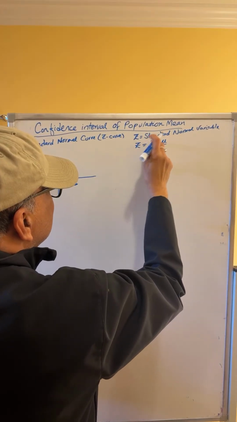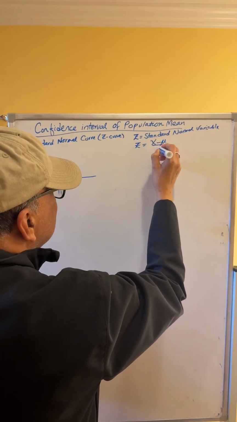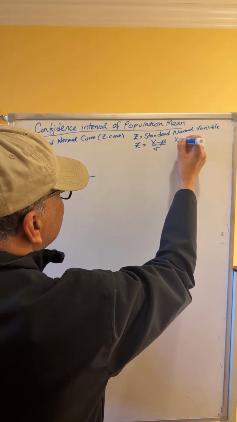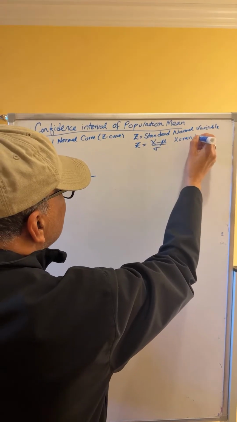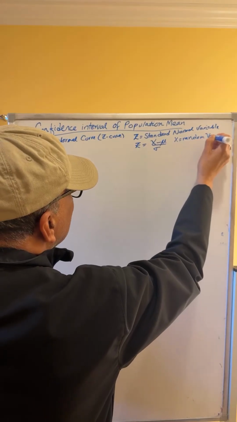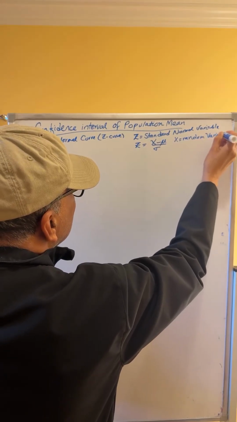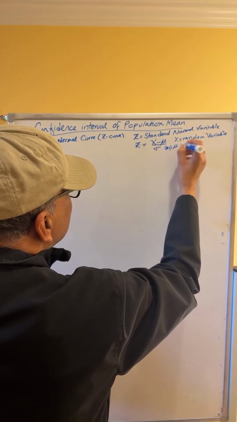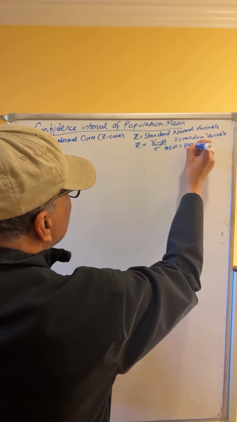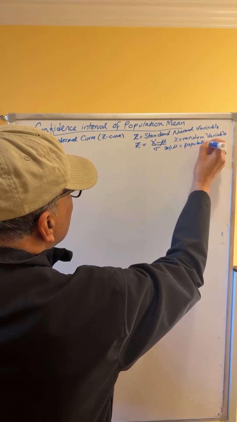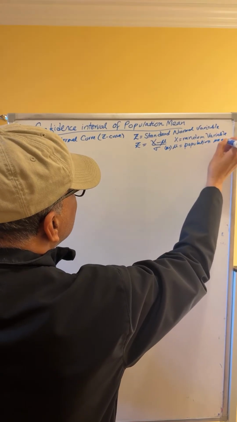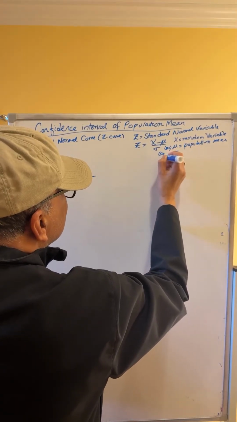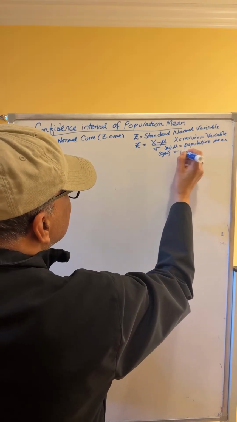So this is the deviation of the random variable from the mean divided by standard deviation, where x is the random variable, mu is the population mean, and sigma is the population standard deviation.